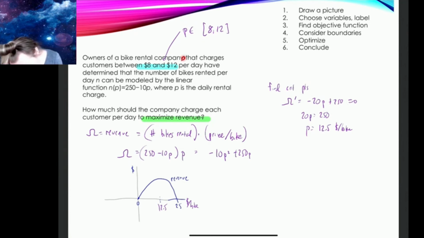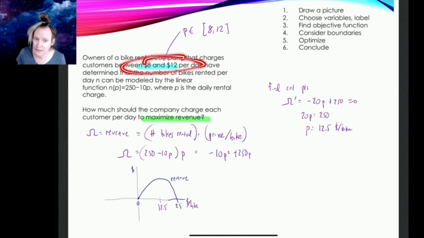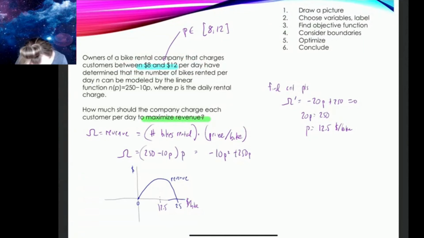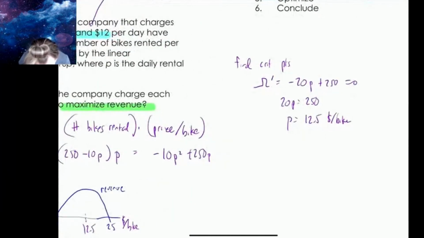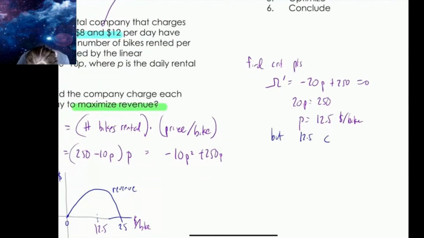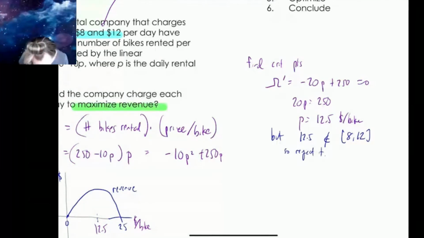But we didn't take into account this range of prices that we wanted to charge. So this $12.50 per bike is not inside of my interval of validity that I'm considering. So we'll reject it. So we've got to think about where the optimal values live.